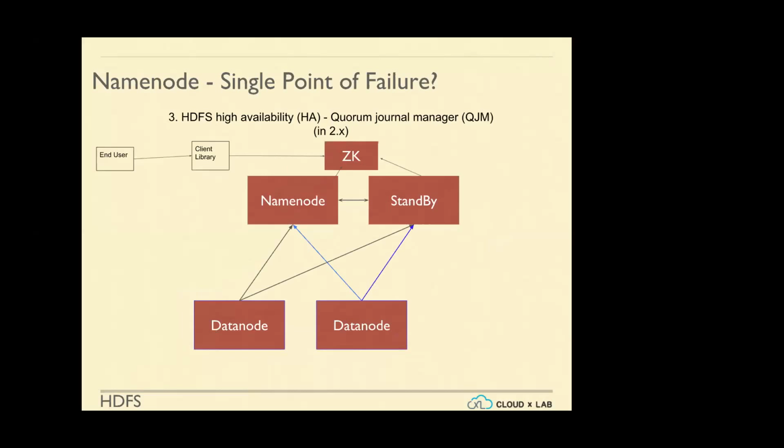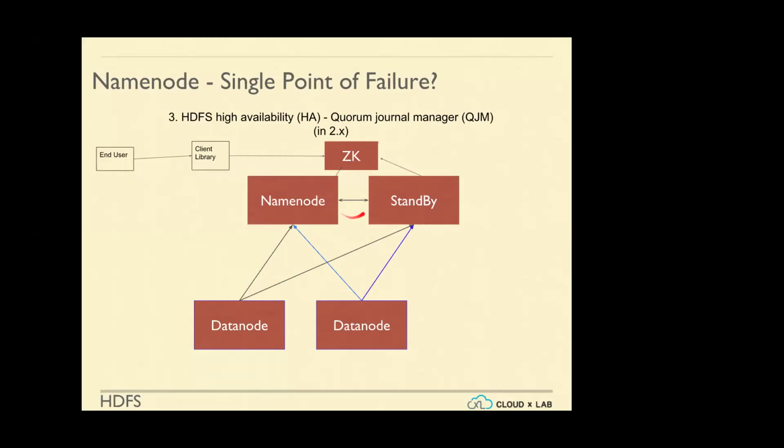All right, so this is something very important to understand this kind of architecture. What we do is we keep two machines. One is name node, other is called standby name node. So this is our high availability, or we also call it quorum journal manager kind of architecture.